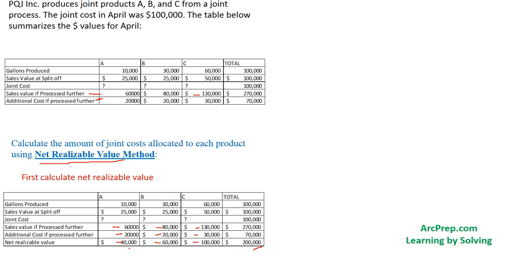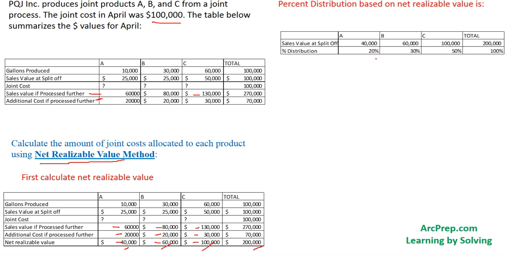Now, I need to distribute this joint cost based on the relative percentages of 40,000, 60,000, and 100,000 over 200,000. From a percentage perspective, the distribution is 20%, 30%, and 50%. 40,000 over 200,000 is 20%. 60,000 over 200,000 is 30%. $100,000 divided by $200,000 is 50%.